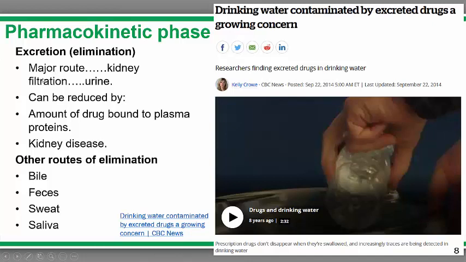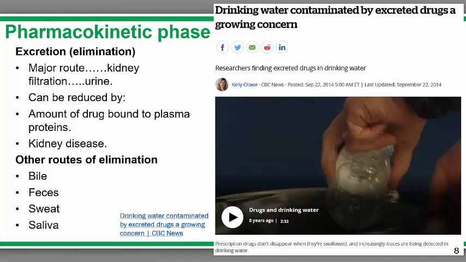The kidney will eventually form urine by initially filtering various molecules from the blood, and that represents the major route of drug elimination. Now, the amount of the drug excreted through the kidney can be reduced depending upon how much of that drug is bound and how strongly that drug binds to plasma proteins.